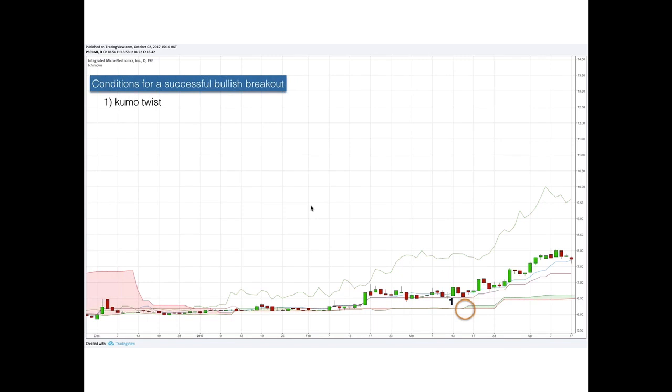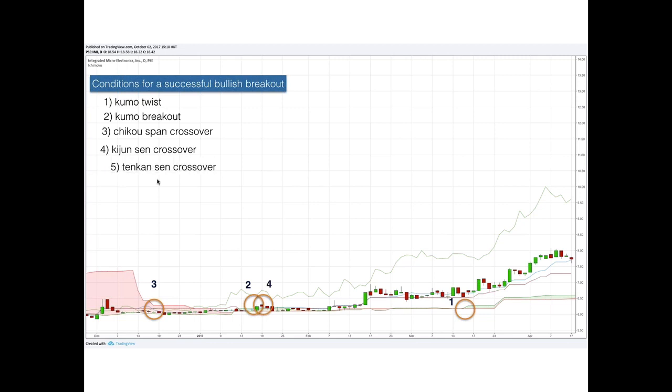At the start of its run, it made the Kumo twist, and then a Kumo breakout. A Chikou Span crossover where the Chikou Span went above the price, a Kijun-sen crossover, and the Tenkan-sen crossover.